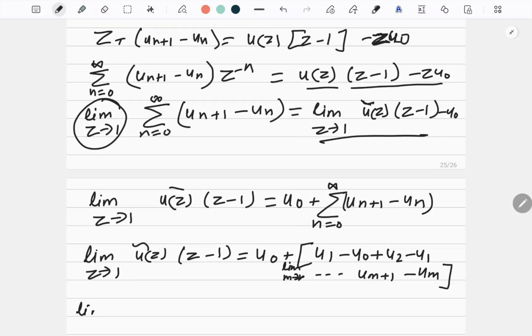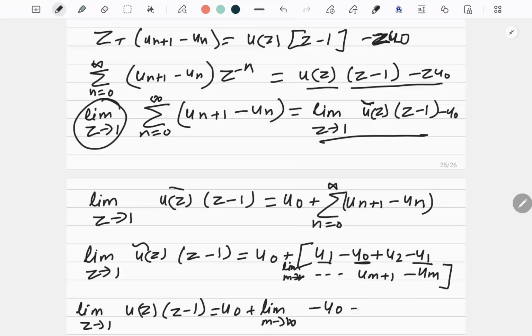So I have limit z tends to 1 of z minus 1 times Uz equal to u0 plus limit m tends to infinity, and inside the bracket if you observe, the first term is cancelled by this, but the second term will be preserved because before this there is nothing, so minus u0.